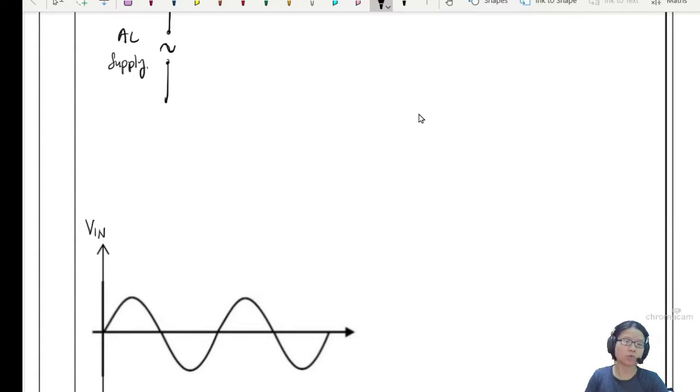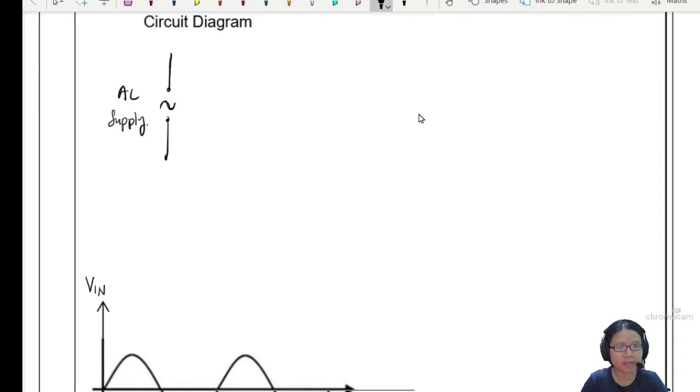This is really standard alternating current, AC supply, and I'll label here, this is my V in. Right now I am going to connect it to 4 diodes such that we change this alternating current to direct current.